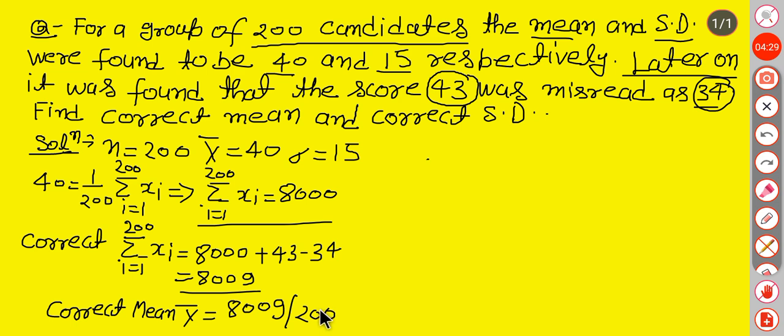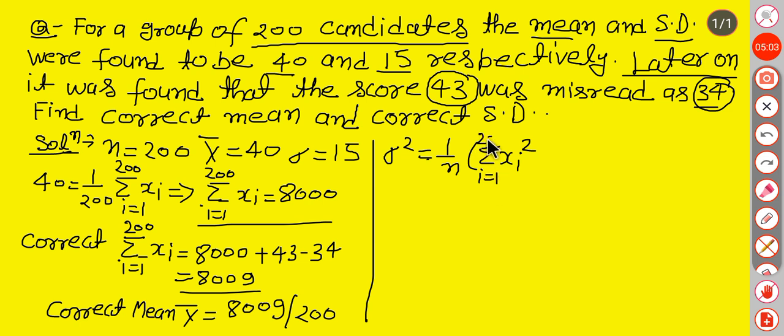Now let us find out the correct variance. I can write sigma square, that is variance, is 1 upon n summation over xi whole square, i is equal to 1 to 200, minus x bar whole square.